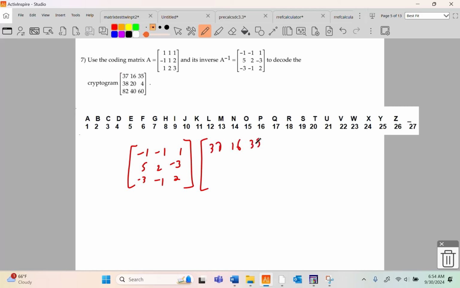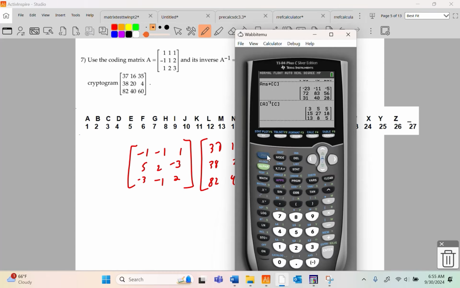They gave you the inverse, all that good stuff. Now you're going to have to decode. What is this thing saying? You are going to have to decode it. So again, more pushing buttons.